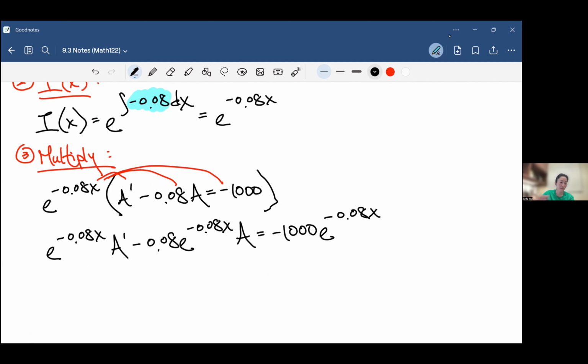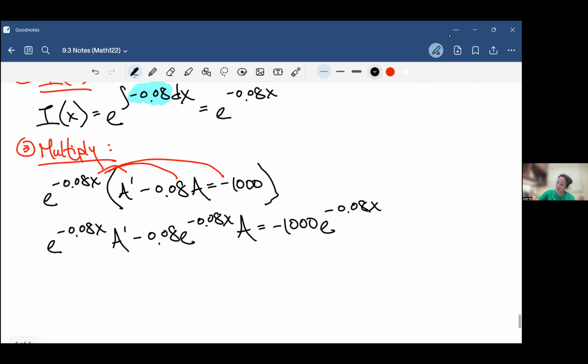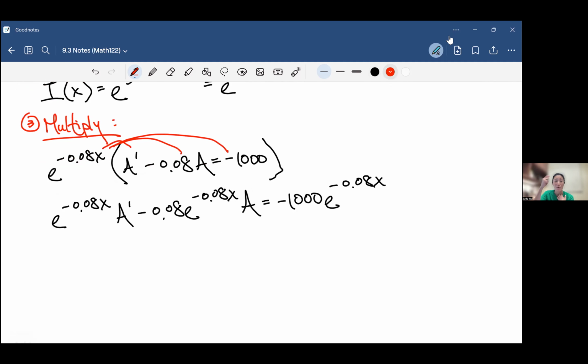Okay, just multiplied out. Now let's think about what is our u, what is our du, what is our v, and what is our dv. Okay, u is over here, which makes sense because our du is that whole thing because we have to use chain rule. This is my v, this is my dv.